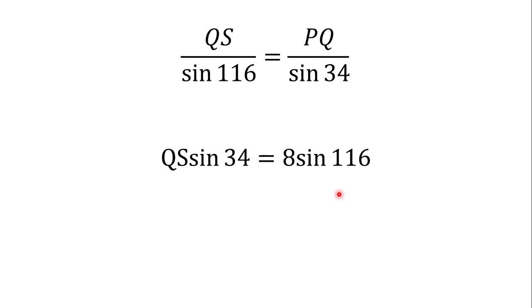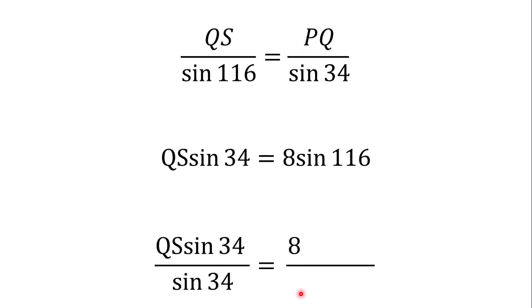And that one will give us QX is equal to 8 times sine 116 divided by sine 34. This one will cancel out with this and be left with this one.